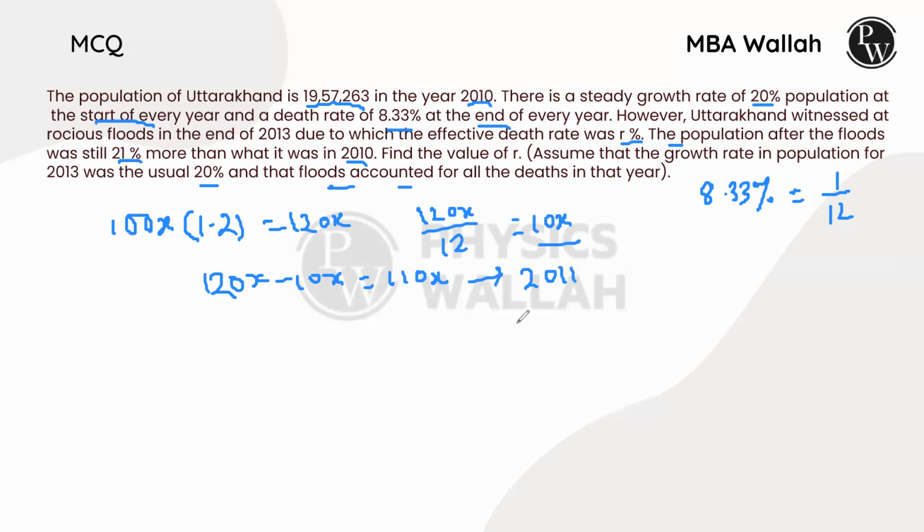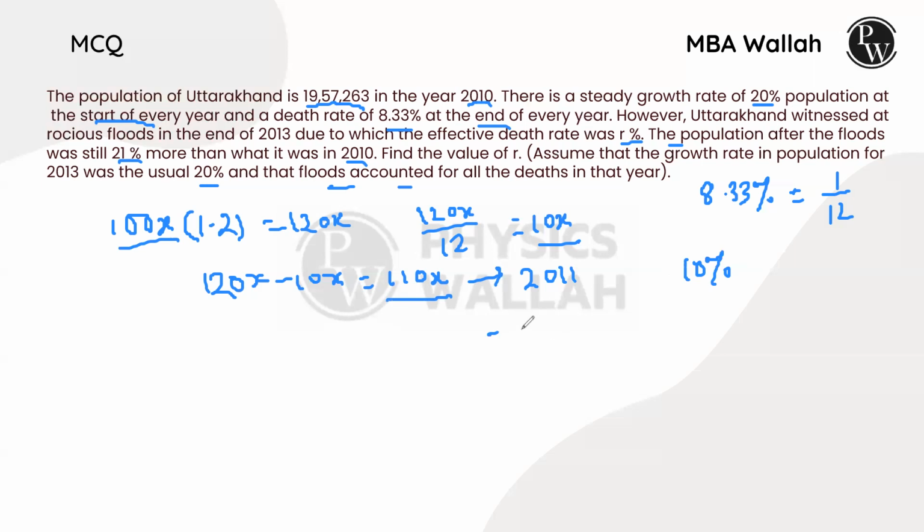Now, similarly, this particular cycle continues, and because the growth rate is 20% and the shrinkage rate is 8.33%, the effective increase in population every year is 10%. We have seen that, because 100x was the initial population, after the end of the year it has become 110x. So the overall increase in the population is 10%.